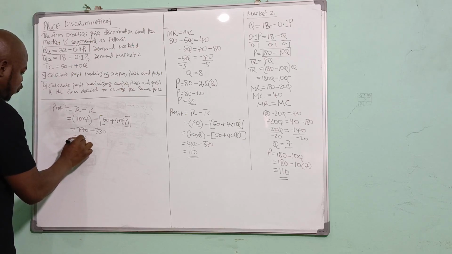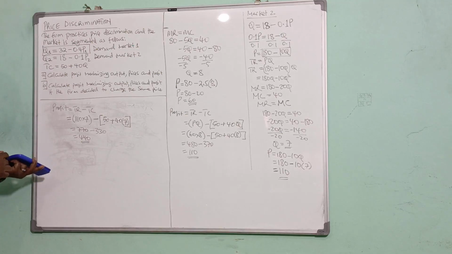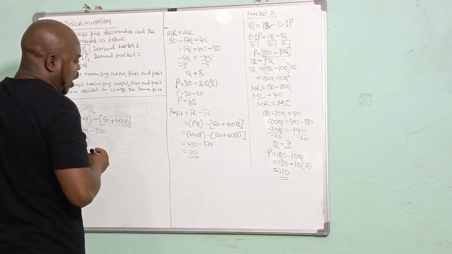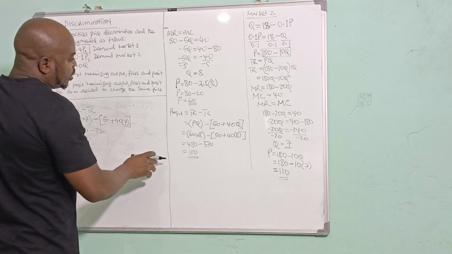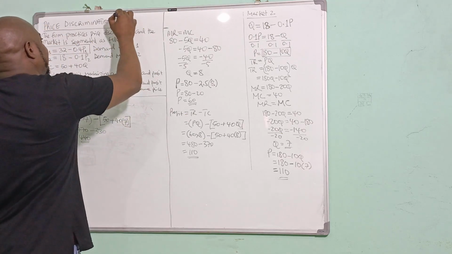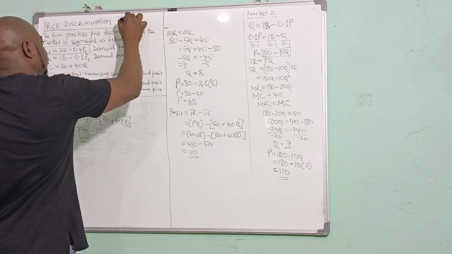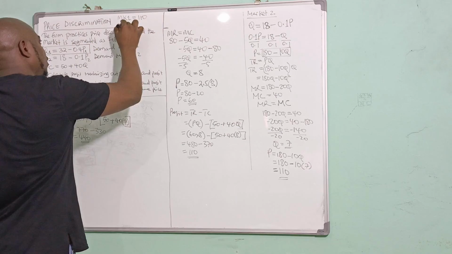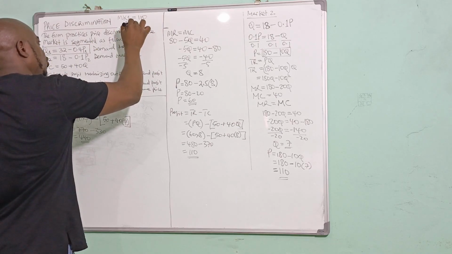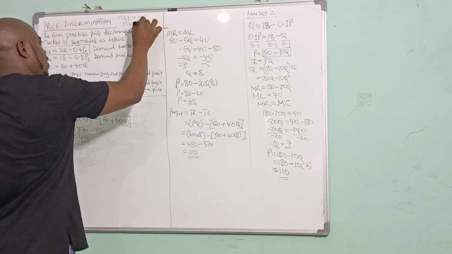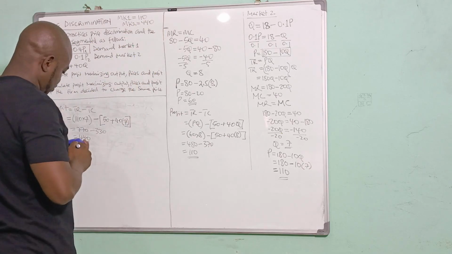The profit is 440 in market 2. So we've got 2 profits. In market 1, the profit was 110. In market 2, the profit is 440.